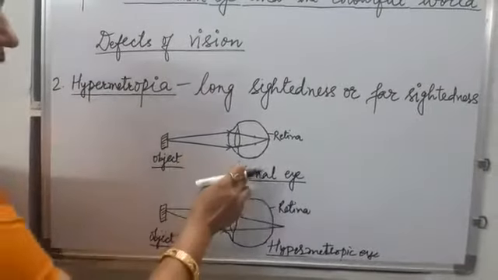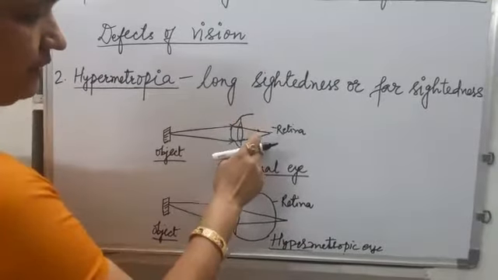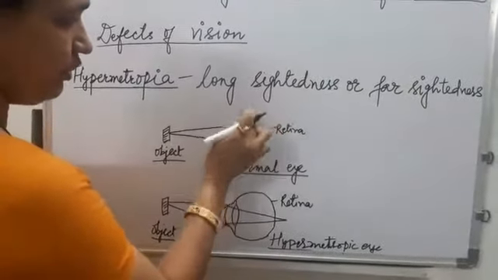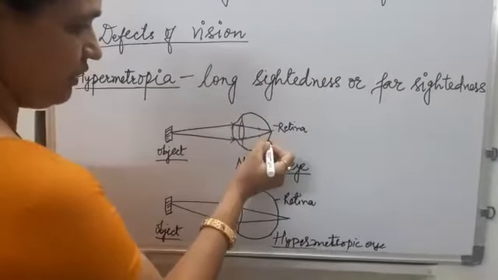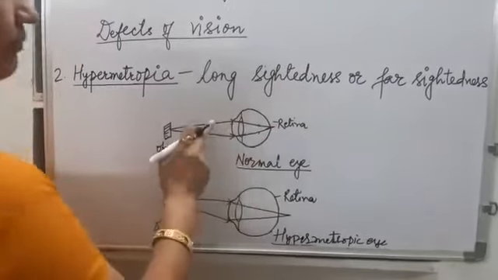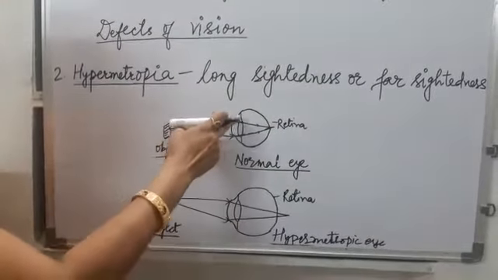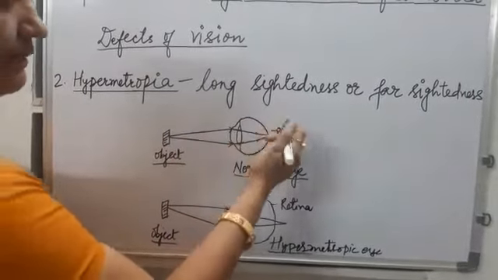So let us see, if the eyeball is slightly shortened here, then what happens to the image formed. If the eyeball is slightly shortened here, the rays converged by this lens meet behind the retina.